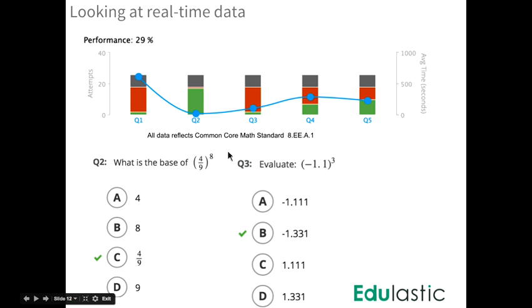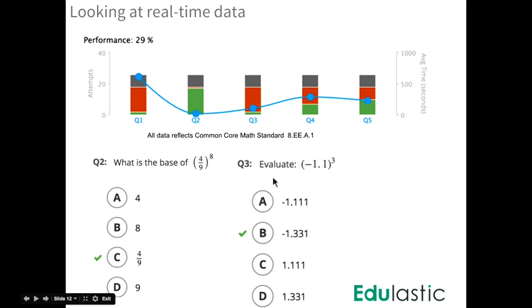So I copied and pasted questions 2 and 3 so that we're all looking at the same thing. The question is about vocabulary, mathematical language: what is the base? It's an identification piece. Students did get that right because it's almost vocabulary, if you will. It is mathematical language. So students are proficient in the mathematical language.